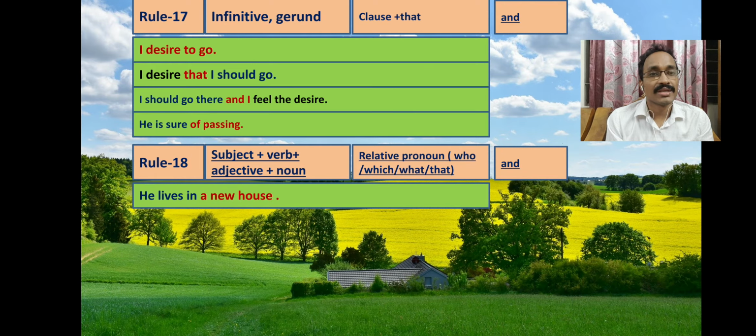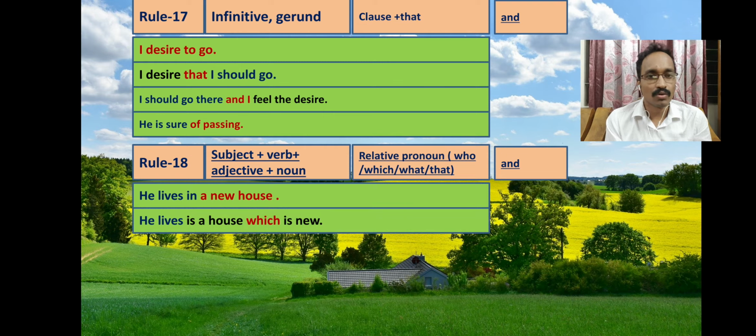Now how to make it a complex sentence? A new house is a phrase, so we will turn this phrase into a clause. How to turn it into a clause? Using a relative pronoun. So, he lives in a house which is new.